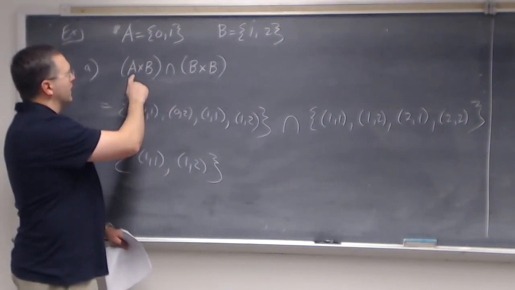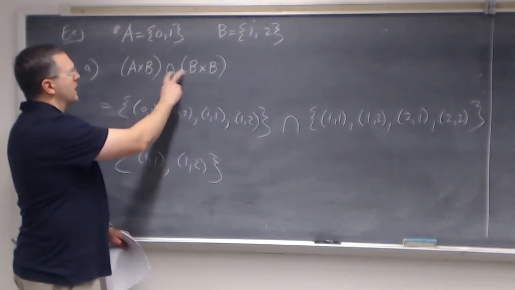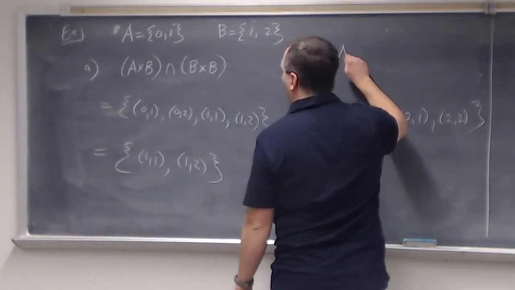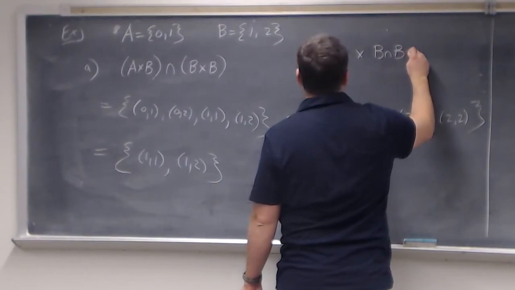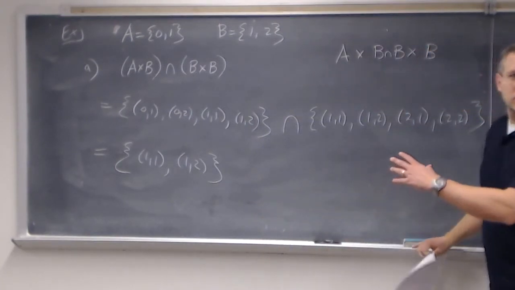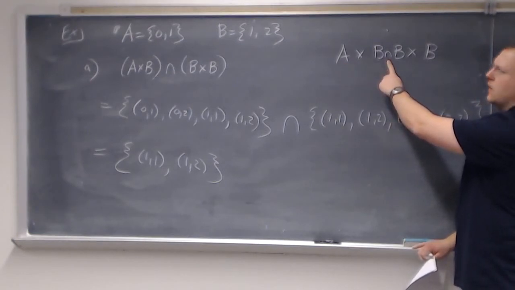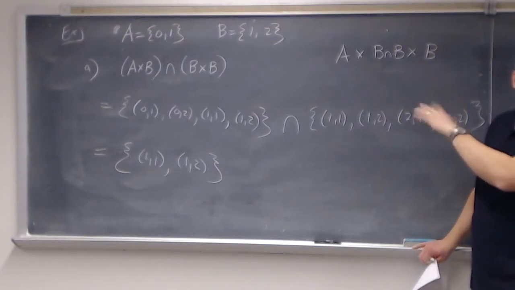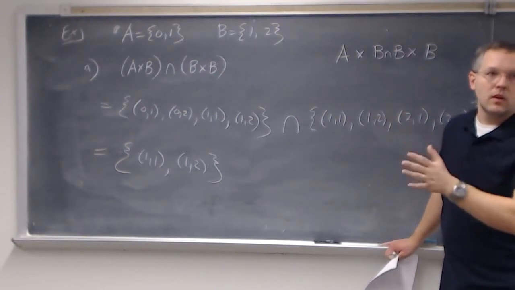So it would be like A cross B union B. If I wrote A cross B union B cross B, would this be ordered triples, where the first element is in A, the second element is in B intersect B, which is just B? It would be ambiguous, so it shouldn't be done.